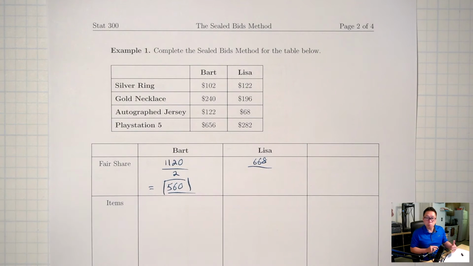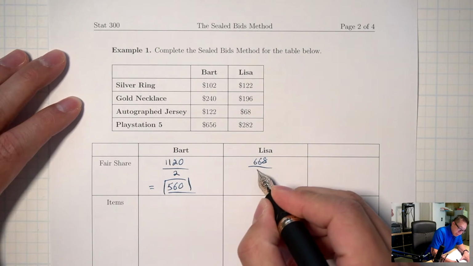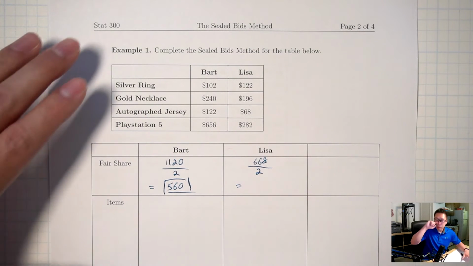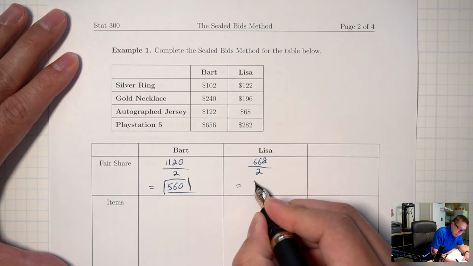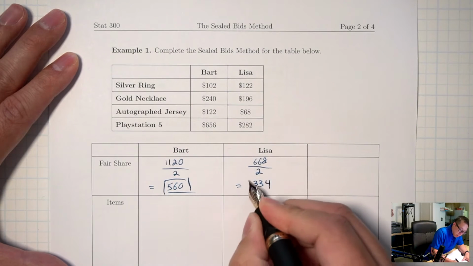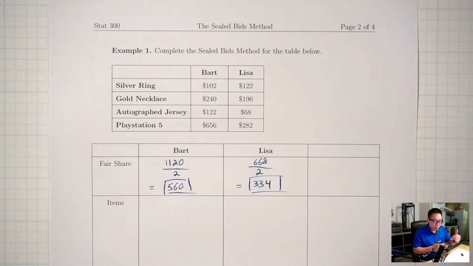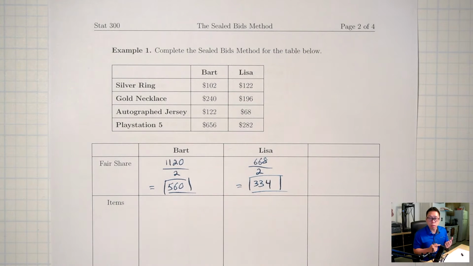Okay, all the items together are worth 668 to Lisa, and then we're also going to divide by 2 because there's 2 people. So 668 divided by 2 is 334. Right, so in Lisa's eyes, everything together is worth 668, and she deserves $334 worth of items.